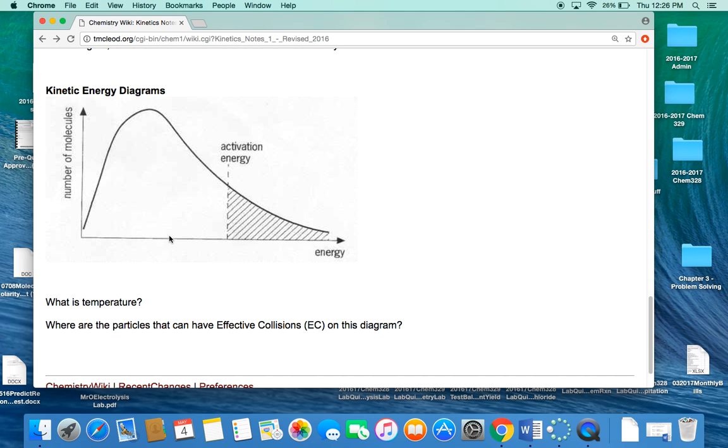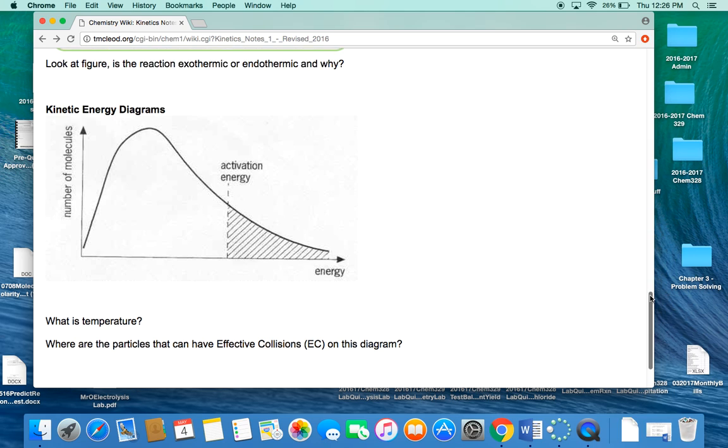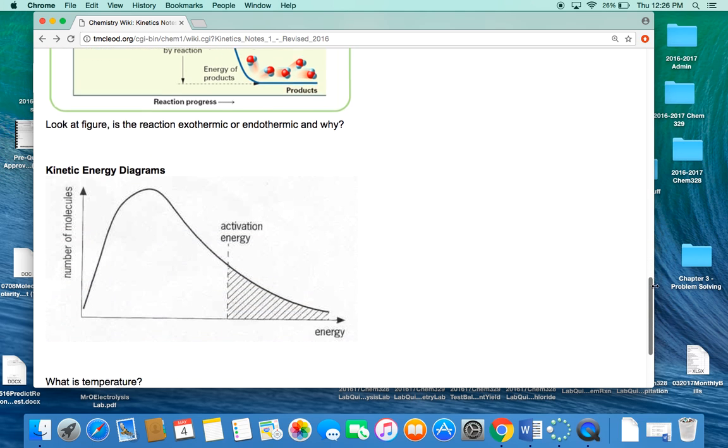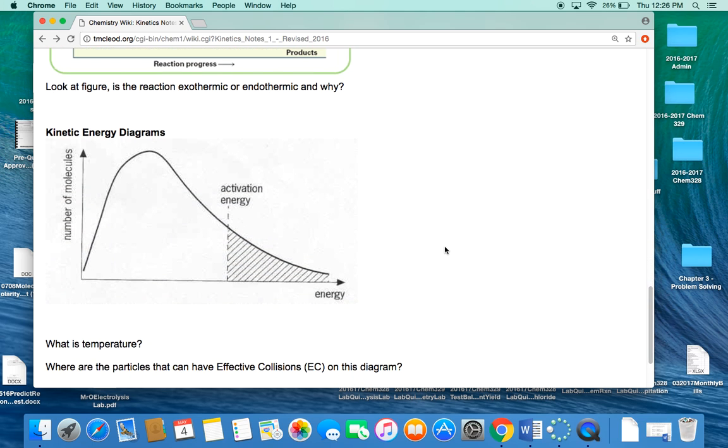Why is that important? Well, from above, we know that any particle that has the activation energy or greater has the potential of making an effective collision, i.e. make a product, but the ones that are less don't. So if the activation energy is, let's say, here, only the particles that are over here that have more energy have the potential to make an effective collision, i.e. to make products.